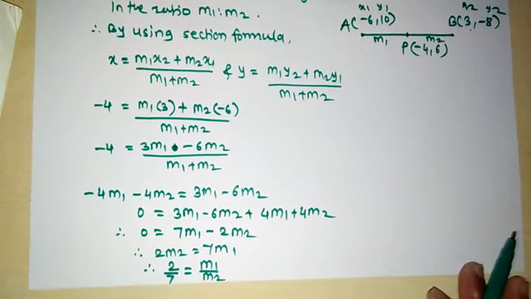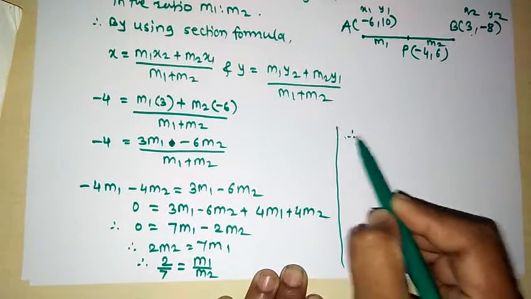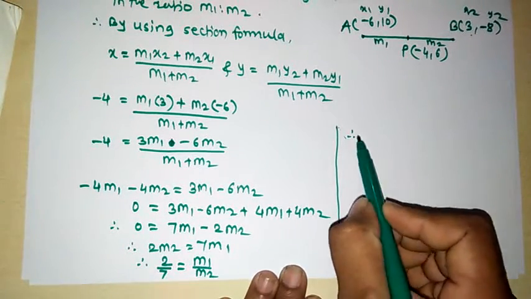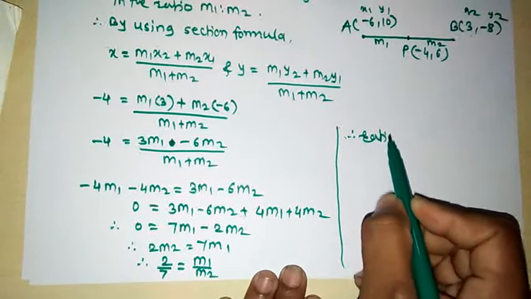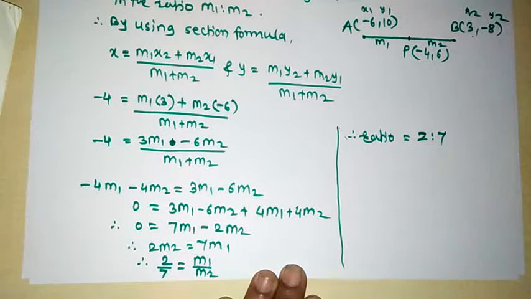Now I will write here. See here. Therefore, ratio is equal to 2 is to 7. We got ratio is equal to 2 is to 7. From this, what you can say? Therefore, the point P divides the line segment AB in the ratio of 2 is to 7.